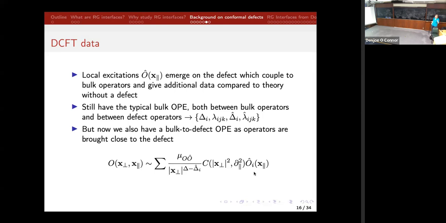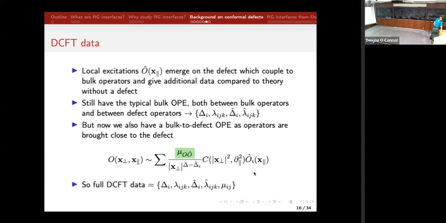As a bulk operator is brought closer and closer to the defect, you can write it as a sum of defect operators with these bulk defect OPE coefficients, which I'll call mu O hat. So the full set of defect CFT data is given by the scaling dimensions of the defect and bulk operators, the defect and bulk OPE coefficients, and the bulk to defect OPE coefficients.